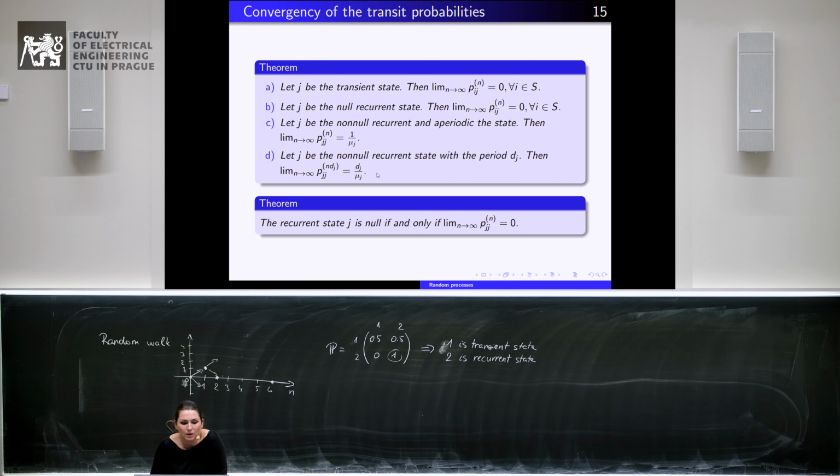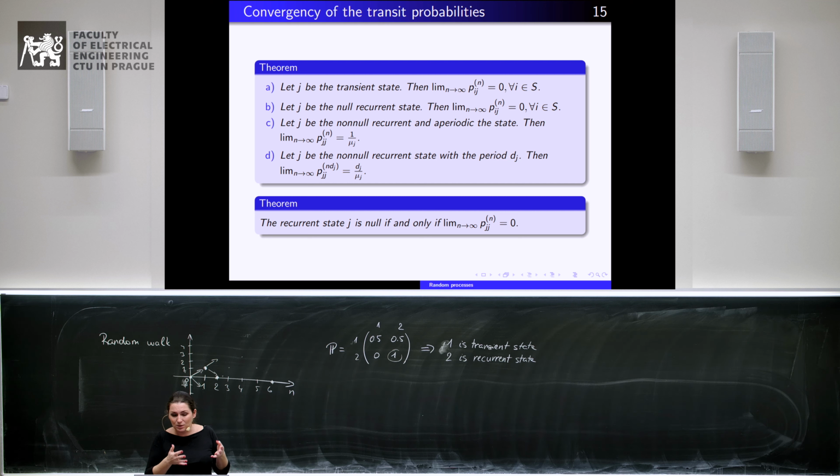And when we consider a periodic state, then we must consider the limit of transit probabilities from j to j, but only in n times the period of this state steps. Otherwise, it has no meaning, because we know that this probability is equal to 0.